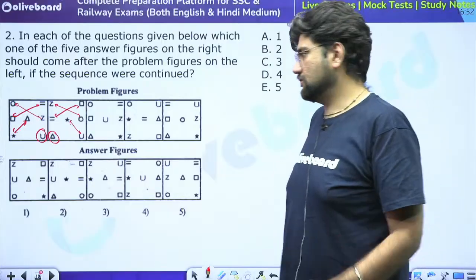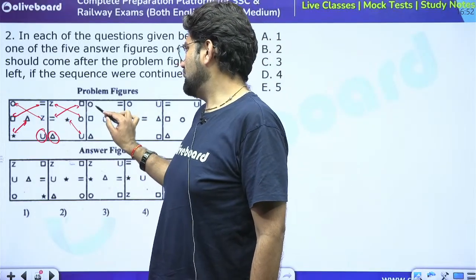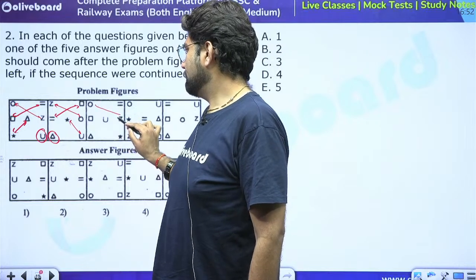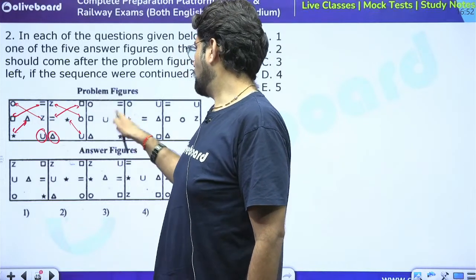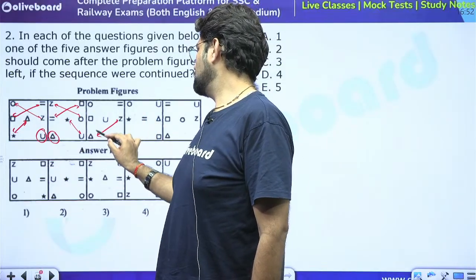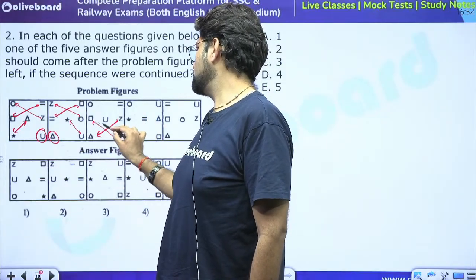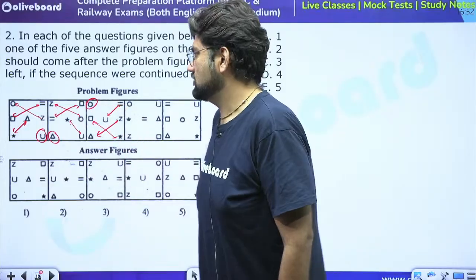Let's still observe. So this time, if you see, the Z and O are changing again. No, sorry. From here to here you need to see. So this time the Z and triangle are changing, the square and this star are changing, and this U and hash equal to are changing, but the circle is not changing.